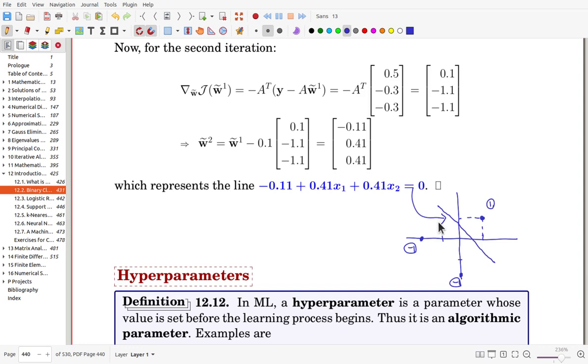Of course, this is about a quarter, a little bit moved this way. But anyway, this line is between the class 1 point and the points in class minus 1. So it is working, it's converging. Probably when you do more iterations, it approaches somewhere around there.